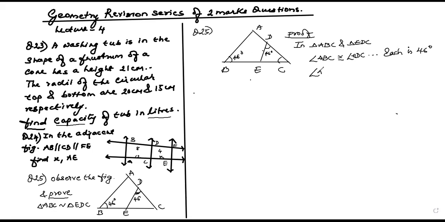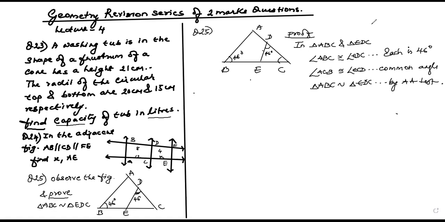Angle ACB, if I name it, will become ECD, and this is nothing but the common angle C, congruent to angle C. Therefore triangle ABC is similar to triangle EDC, by the AA test of similarity. Okay, so you can see here, children, this is question 25. We go to question number 26 now.